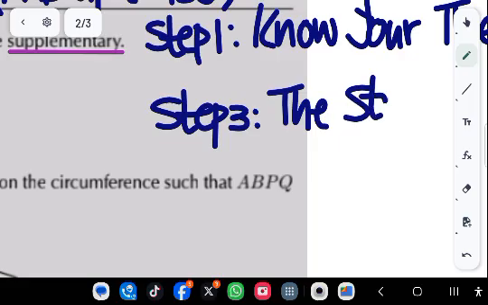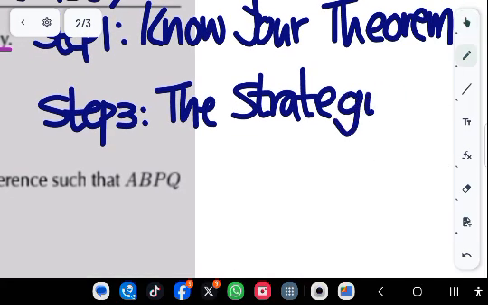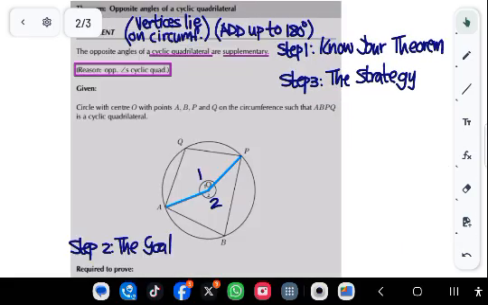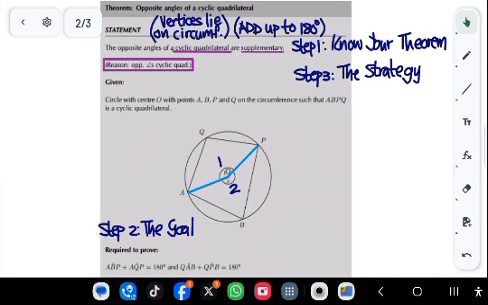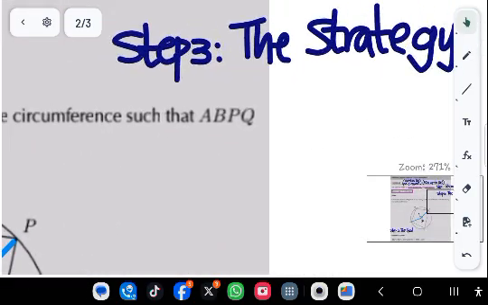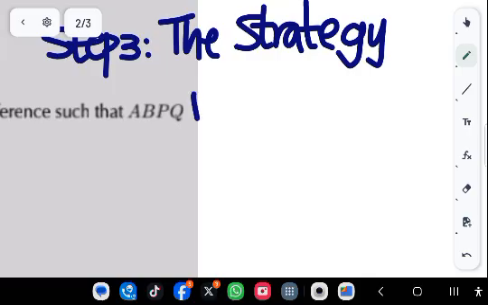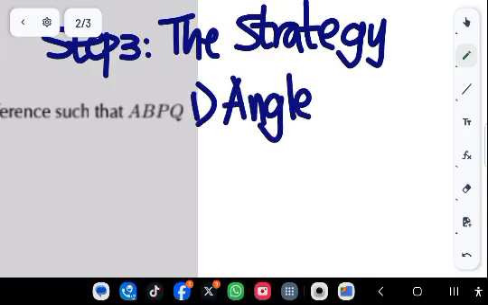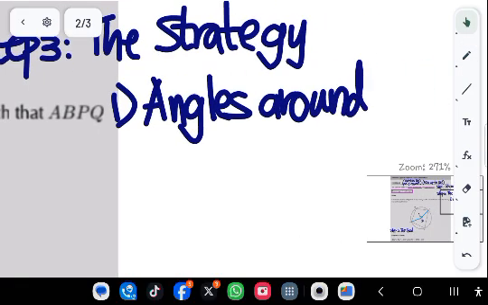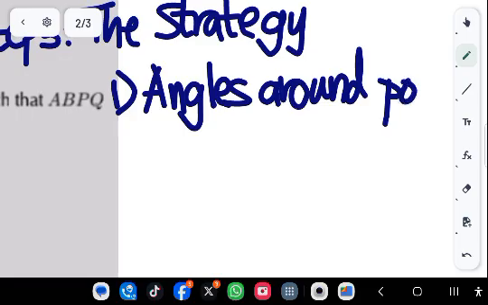How do we go about proving that the opposite angles are supplementary? Now there are 2 tips on how to prove this theorem. Number 1, you use angles around a point, and you will see how that is relevant now.